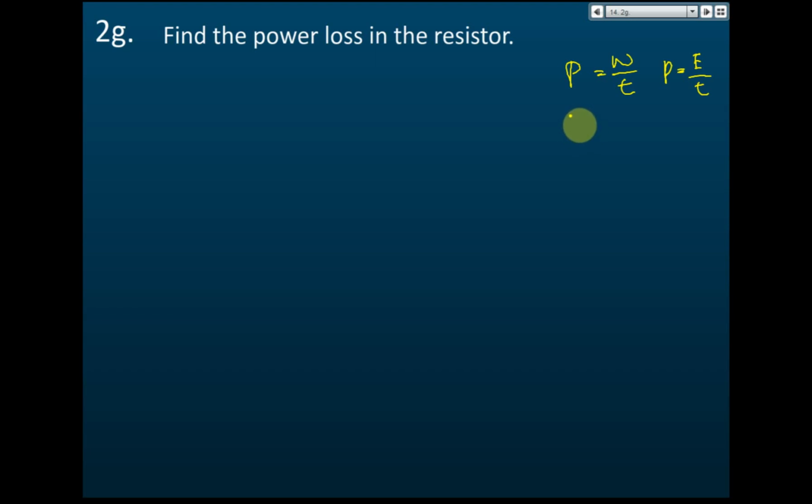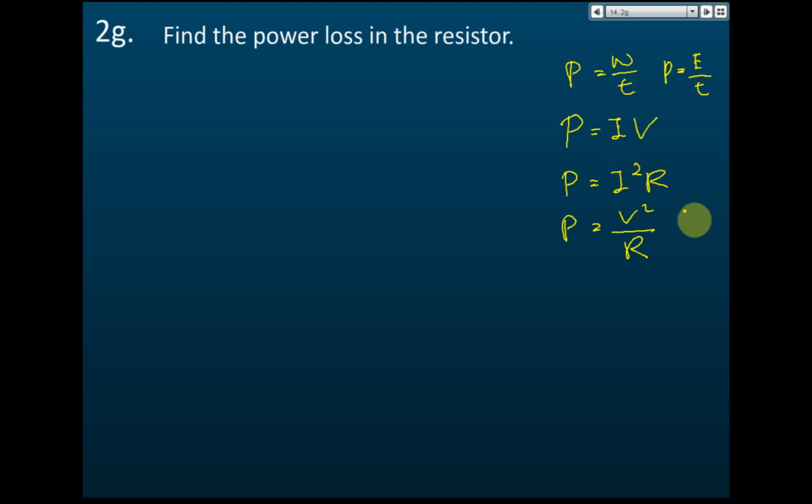For electrical power, P equals what? Other than P equals W over T and P equals E over T, what other formulas do you have? P equals IV, or P equals I squared R, or P equals V squared over R. So these are the 4 formulas that we can use for our calculations.